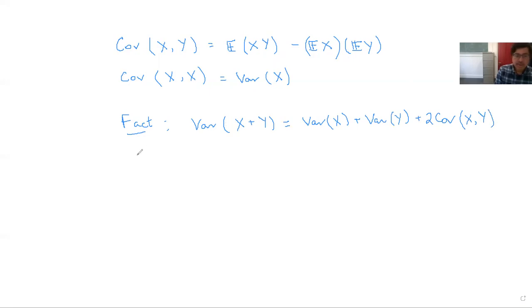Okay, and more generally, if y is the sum of n random variables xi, then the variance of y is just the double sum over i and j going from 1 to n of the covariance of xi, xj.